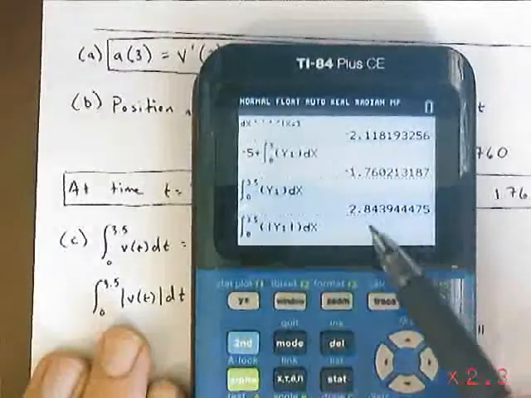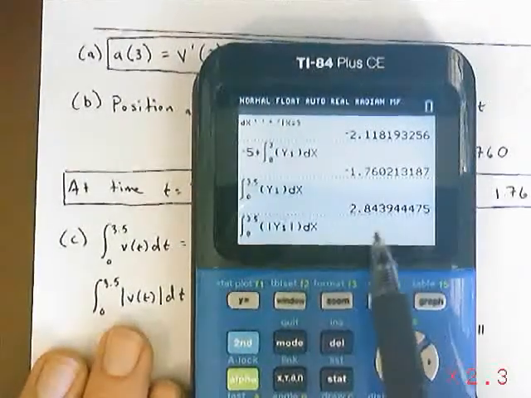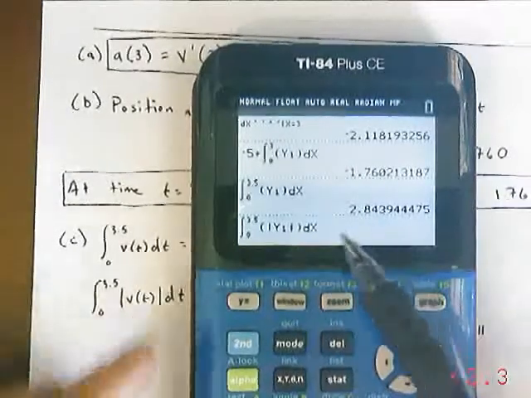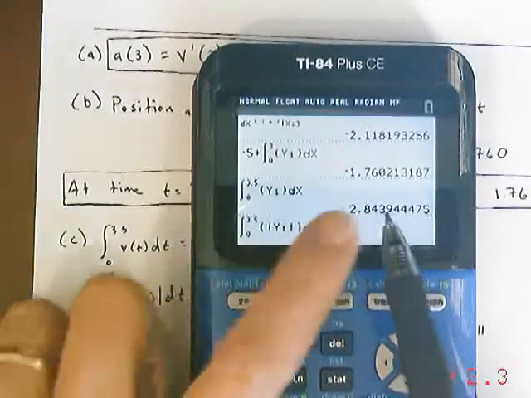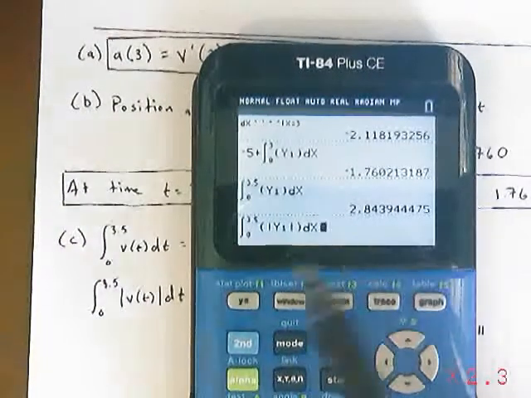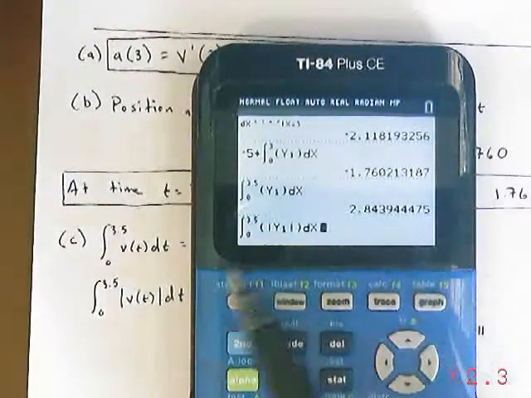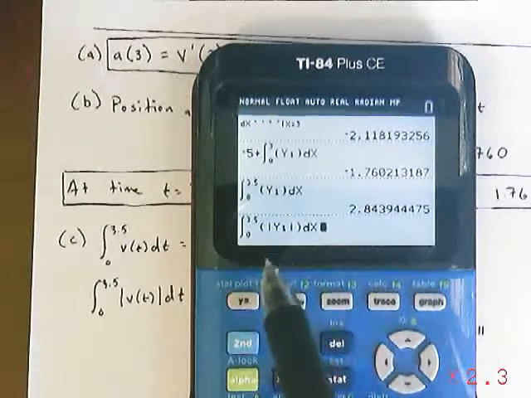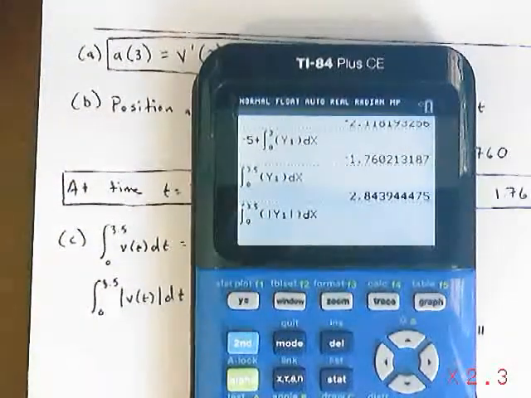Okay, and what we're looking for is a number that is at least as big as our first integral. It cannot be smaller because this is tracking the total distance. These two numbers could be the same if it's always moving in the positive direction, but more likely than not, we'll see some change of direction, which will create a bigger distance traveled. So this integral should be a bigger number.